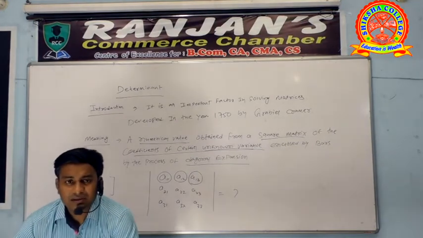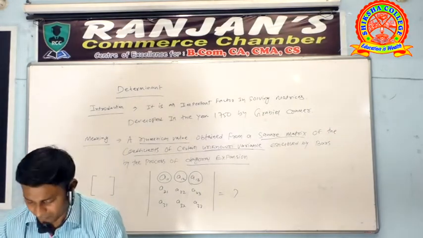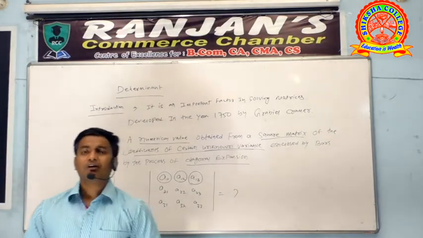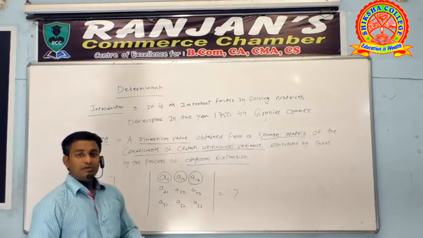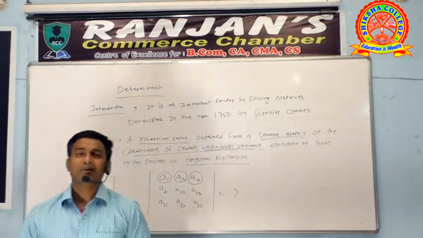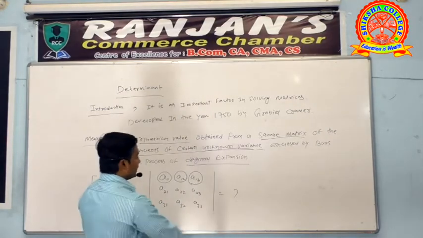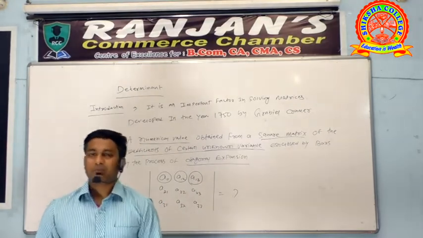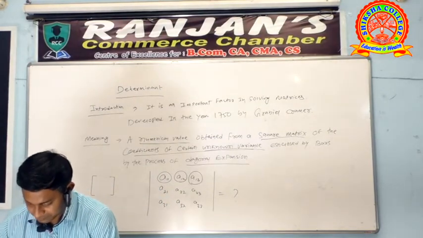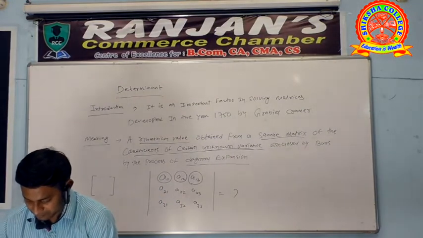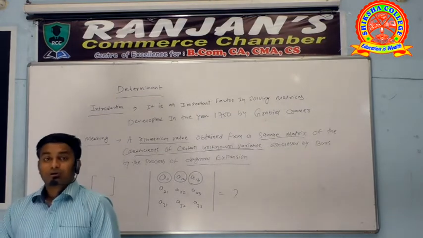So we can find the determinant of each and every value, or what we call the element, of the matrix, subject to it being a square matrix. Please note down.